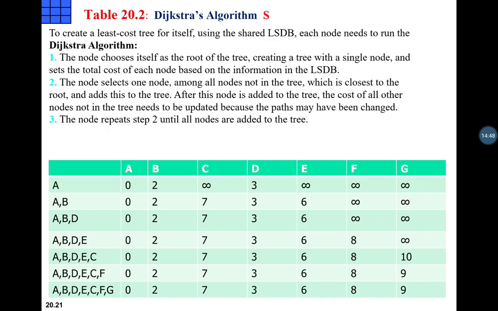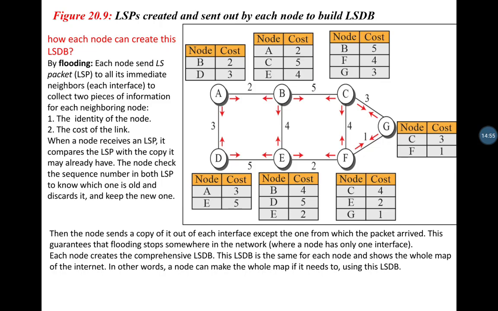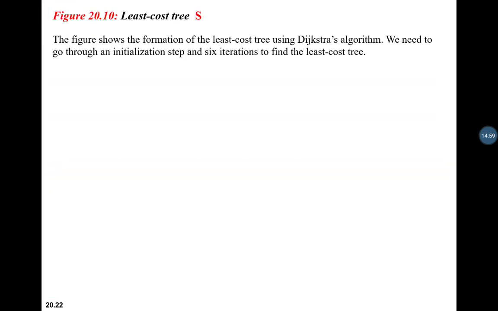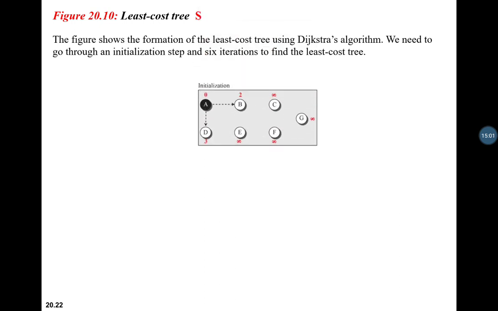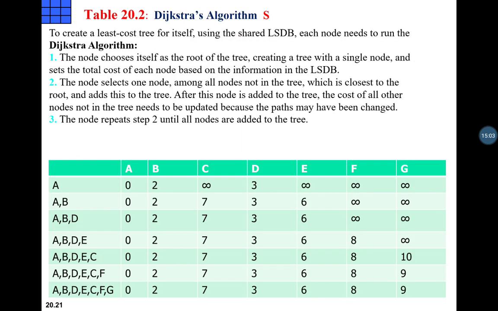So from A to B is now 2. A to C using B, we can write the distance as 7. Similarly, A to D using B, A to E using B, are updated in the same way.